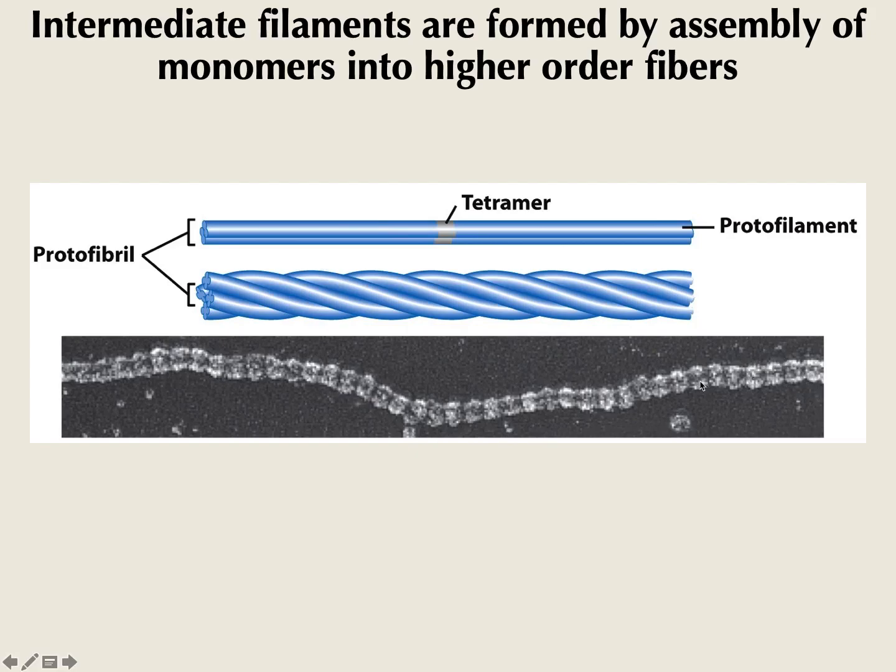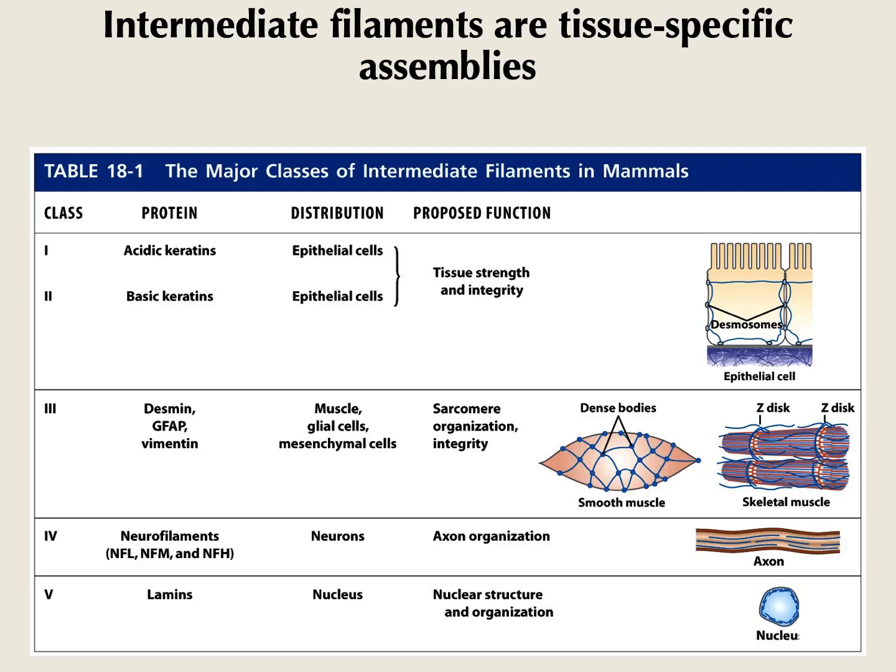You see some structure, some regularity, but you now have a tetramer that forms this filament and these protofibrils. And now you have great tensile resistance here. It's like a rope, okay? So that's the basic organization, the basic structure, and that's going to be the final slide of today's lecture.